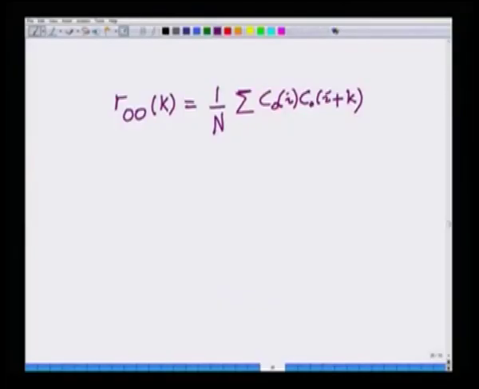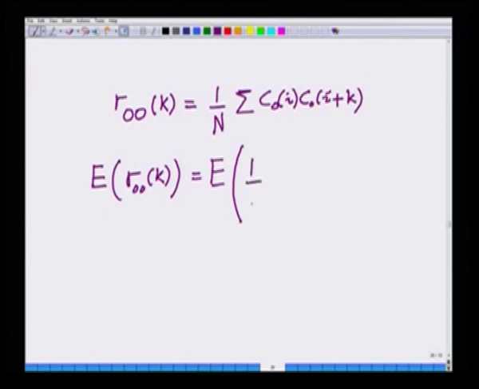Now, if I look at the average, the expected R00 of k is the expected value of 1 over n summation C0i C0(i+k).